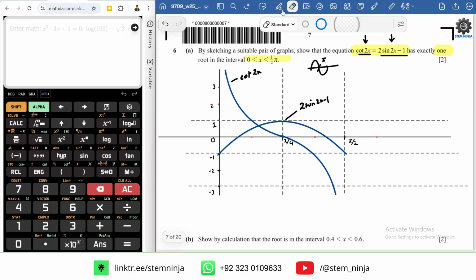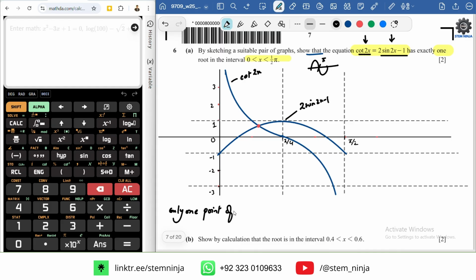So we can say, the reason being, there's only one point of intersection. Only one point of intersection exists between y equals cot 2x and y equals 2 sine 2x minus 1.